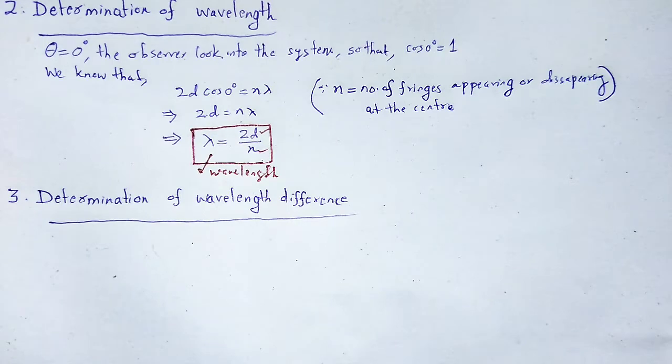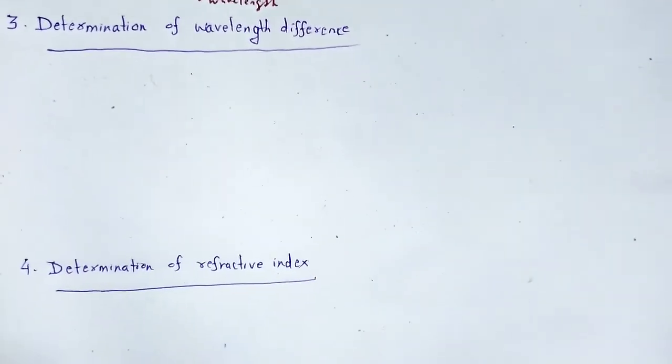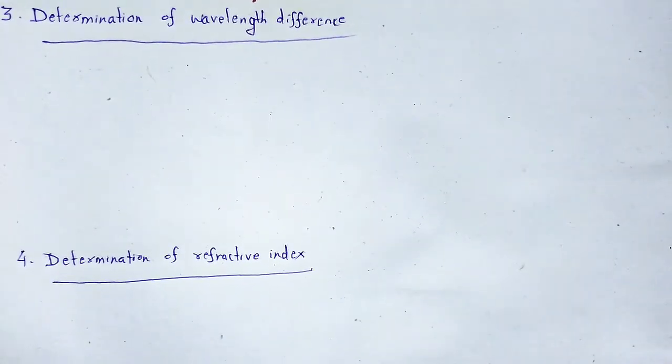Next, determination of wavelength difference. Wavelength difference is generally used for calculating the difference in various waves of spectral lines.